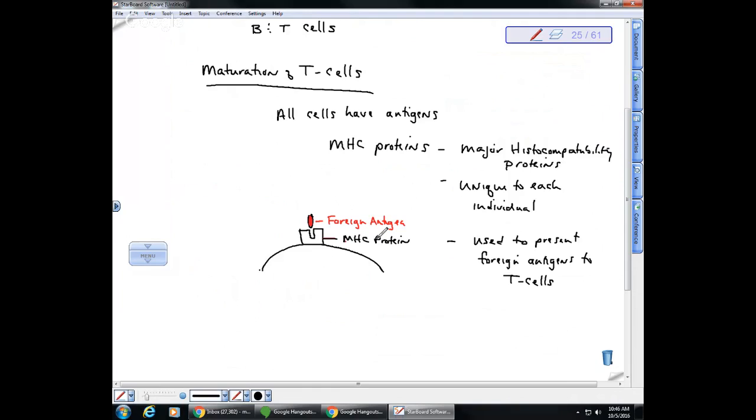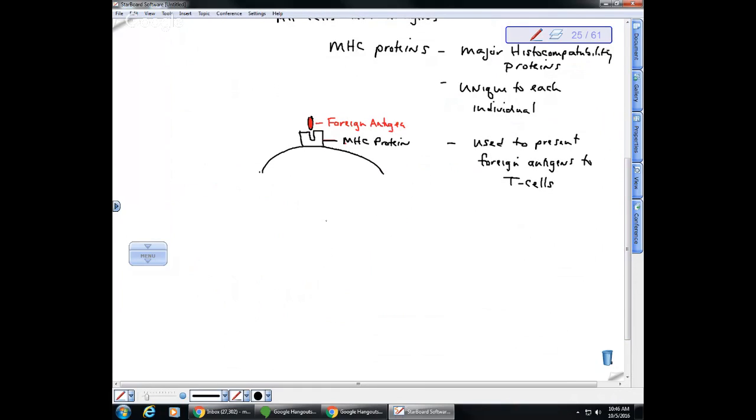Okay. So when a T cell is maturing, it has to figure out how to recognize self from non-self. And so we have two different types of selection. We have what is referred to as positive selection. This is what a T cell is doing inside of the thymus. So this would be at the thymus.